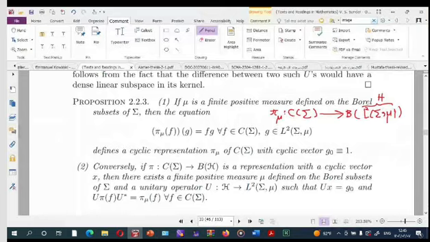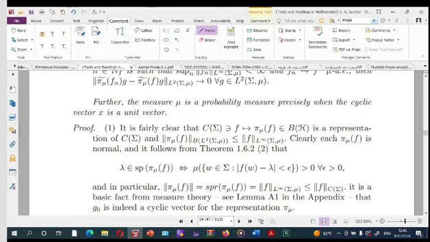So we see in the proof of this in the book that it is very clear that this is a representation, and also we have this equality.